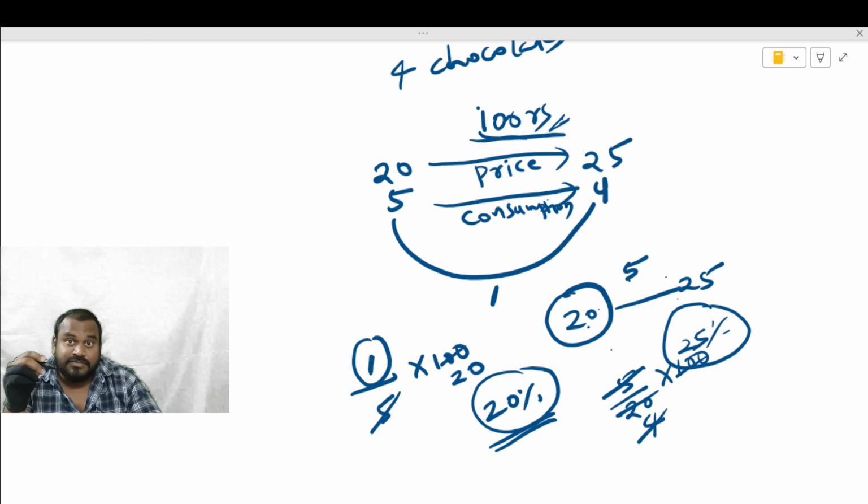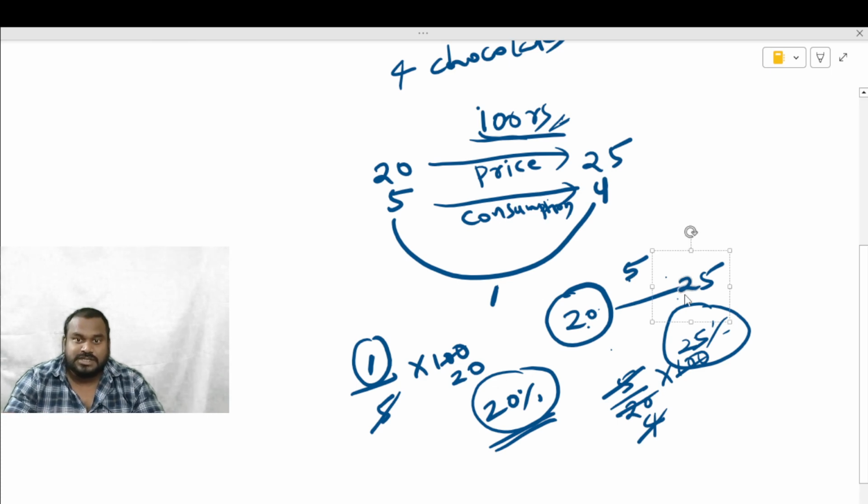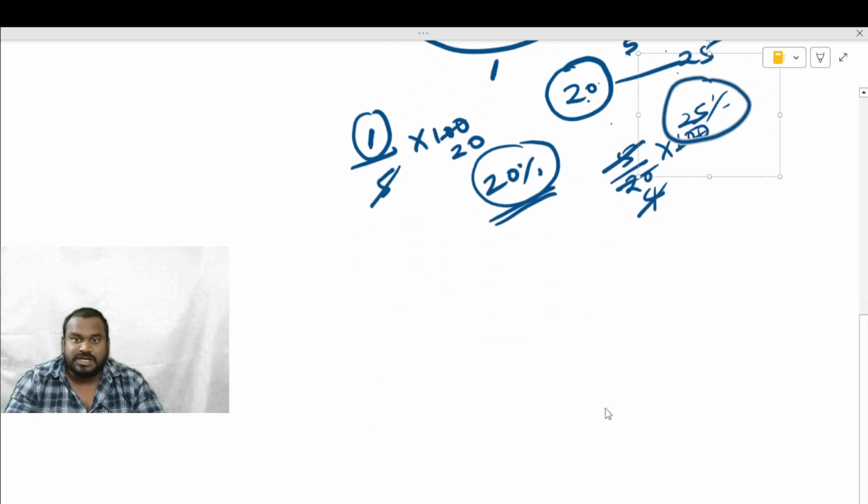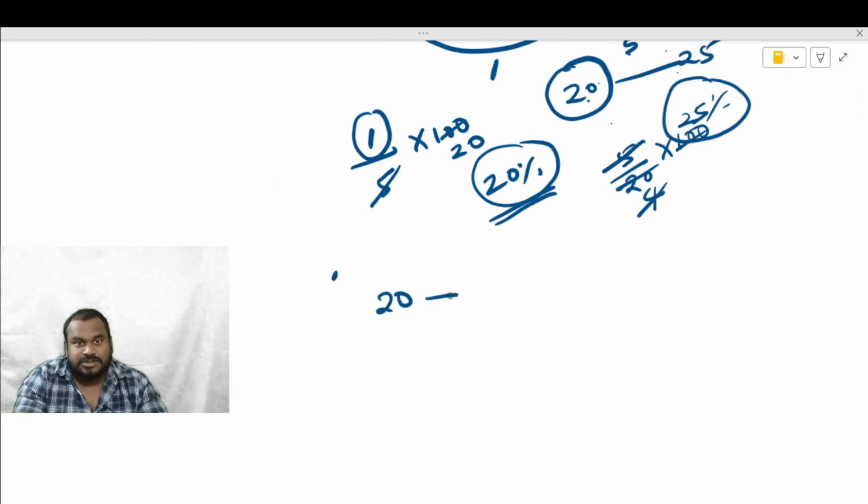Now, when the price decreases, he can increase his consumption. Price decreases means initially it was 20, now suppose it became 10 rupees only.